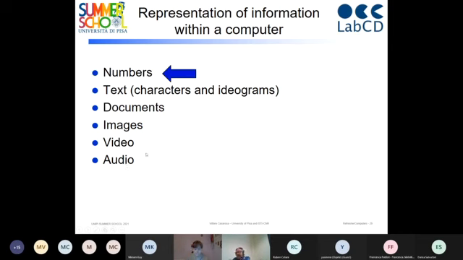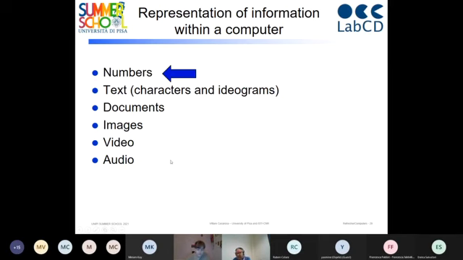Well, the answer is simple, so to speak, in the sense that first of all, we have to understand how we represent numbers. And after we understand how we can represent numbers with these zeros and ones, all the rest comes easily, because we only need to represent text with numbers, documents with numbers, images with numbers, and so on.